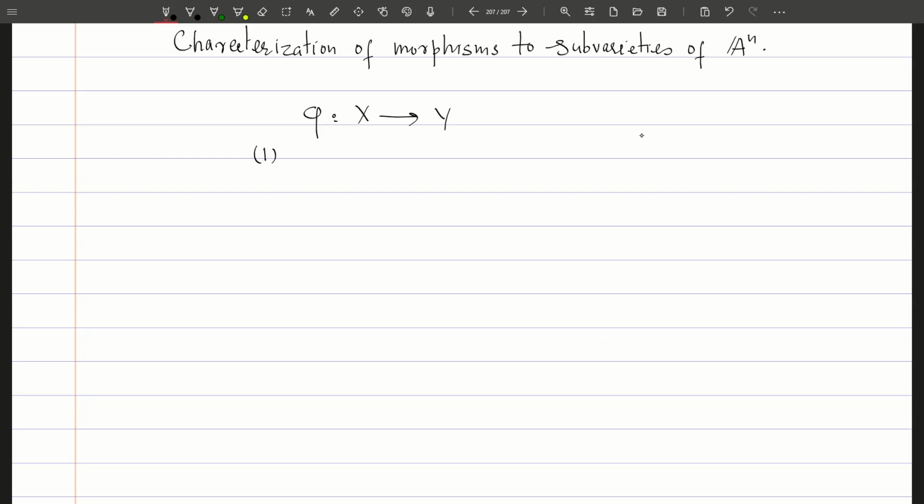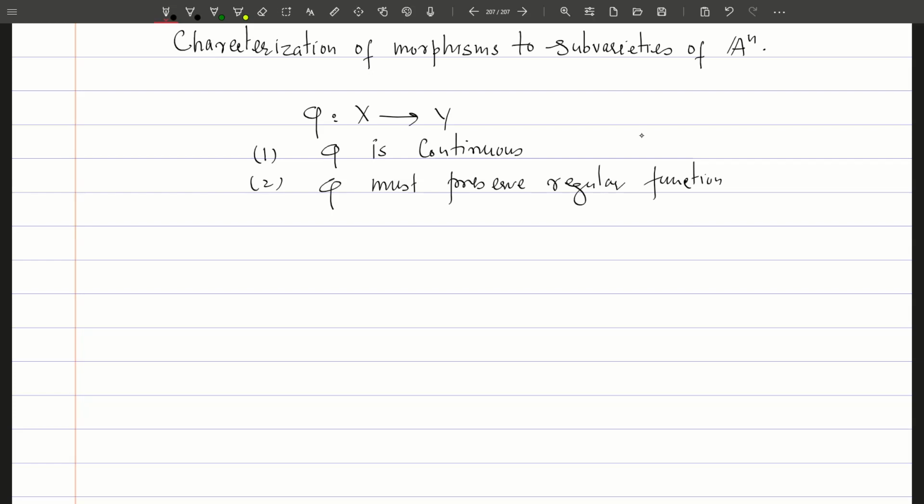If this phi is continuous, so phi has to be continuous. And phi must preserve regular functions.